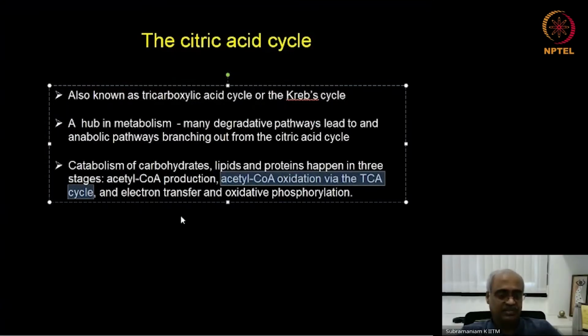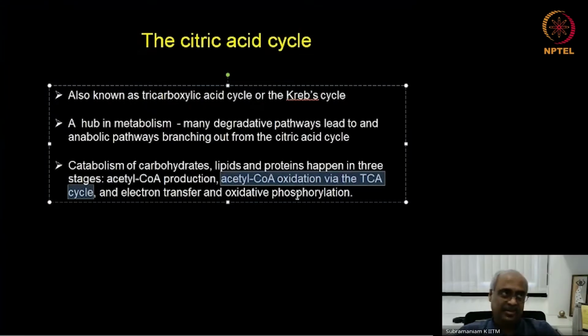The third step: the electrons in the NADH and FADH2 are ultimately transferred to oxygen via oxidative phosphorylation in the mitochondria, which sets up a proton gradient, and that proton gradient is used to make ATP. So again, the three steps are: first, from the macromolecules you produce acetyl-CoA.